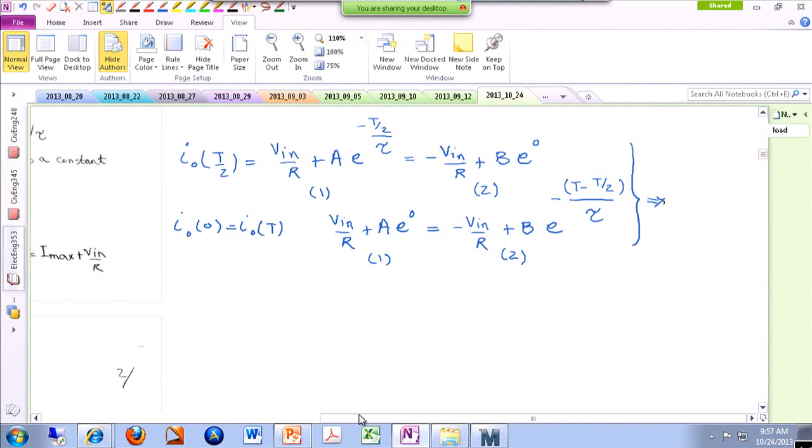One conclusion could be A is the opposite of B, or I min and I max are actually the opposite of each other. So the indication is our output current waveform is kind of a symmetric thing. The other is the solution for I max and I min.